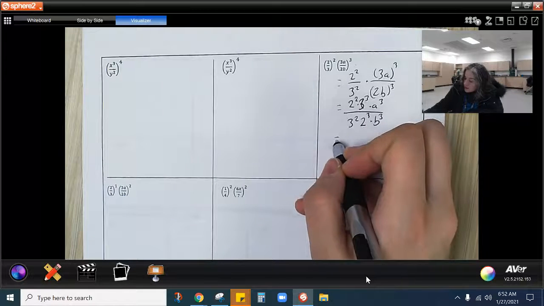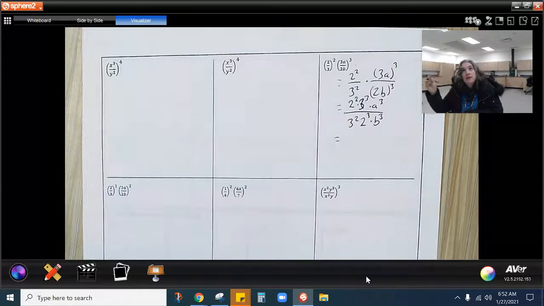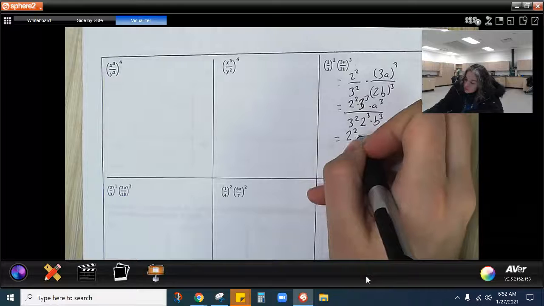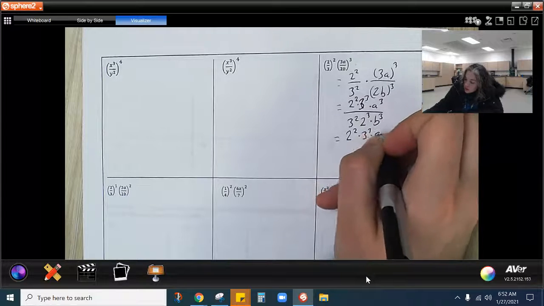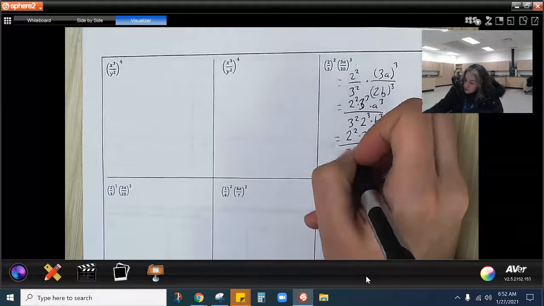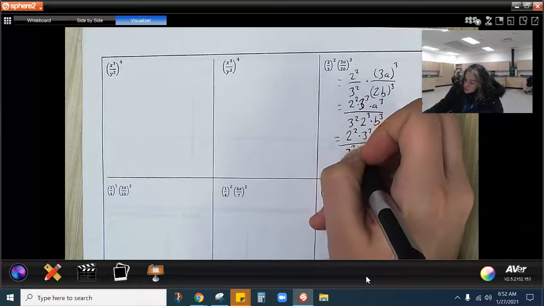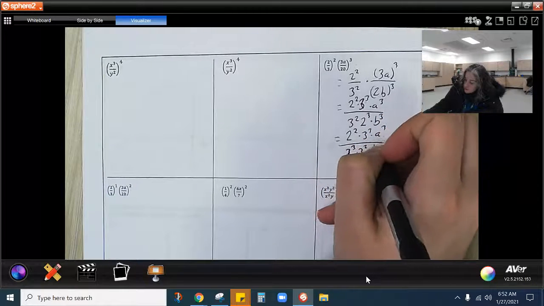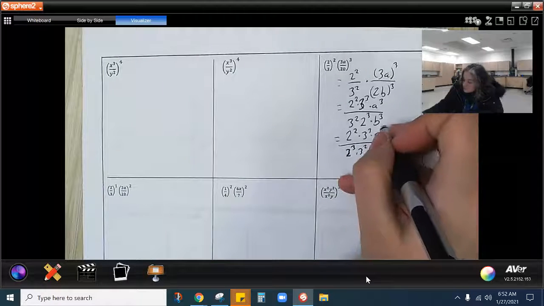Now I'm going to rewrite that so I can see it a little easier, because right now my 2's and my 3's are all kind of scrambled up. So I'm going to write it in numerical order. So 2 squared times 3 cubed times a cubed over 2 cubed times 3 squared times b cubed.